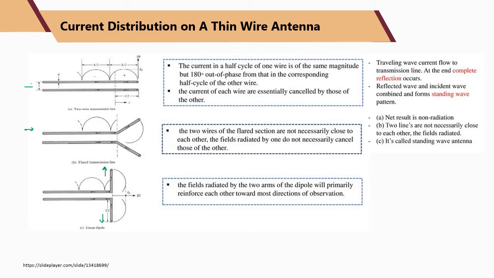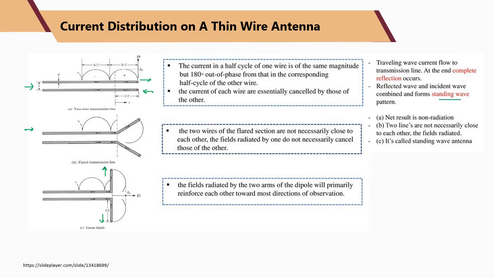Okay, when you supply the source here, there's a field or current flowing in that direction. It is called the incident wave, and during the transmission there's also reflection. Okay, so on the other side, when the incident wave and reflection combine, it will form a standing wave.